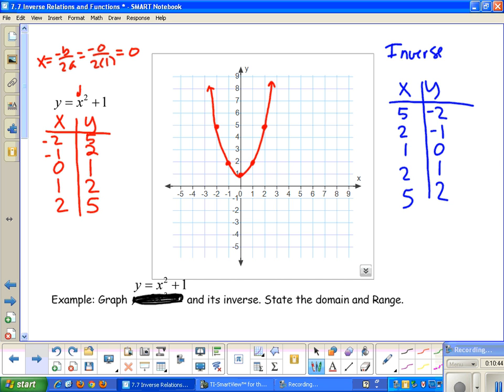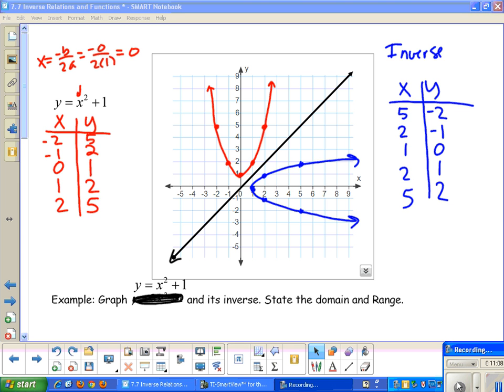So when I graph this, I get (1, 0), and then I have (2, 1), and (2, negative 1). Then I have (5, 2), and (5, negative 2). And this would be the equation of my graph for the inverse.